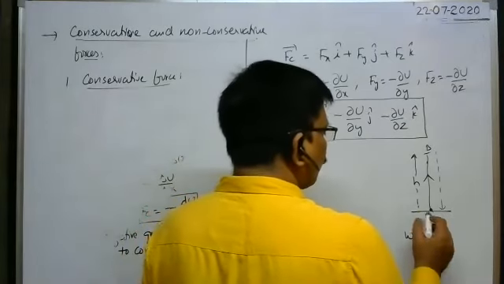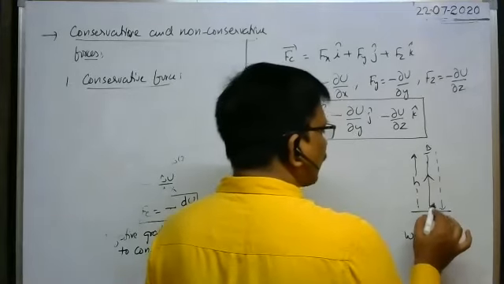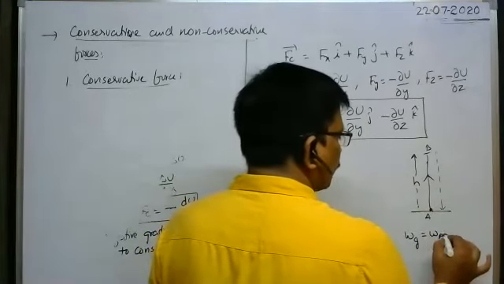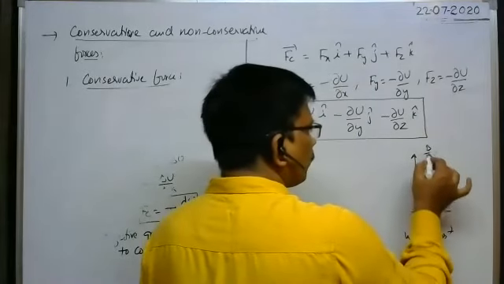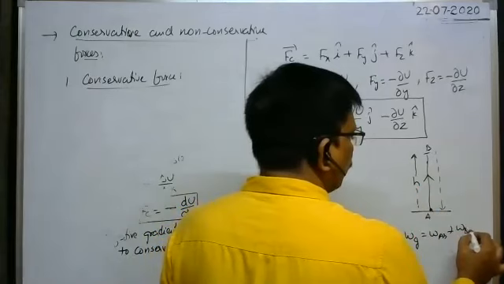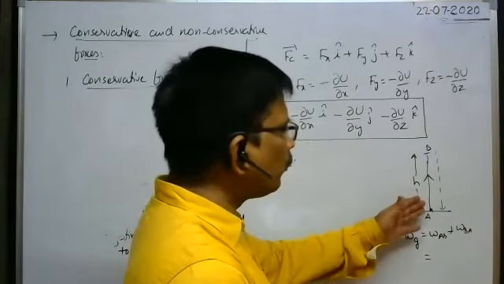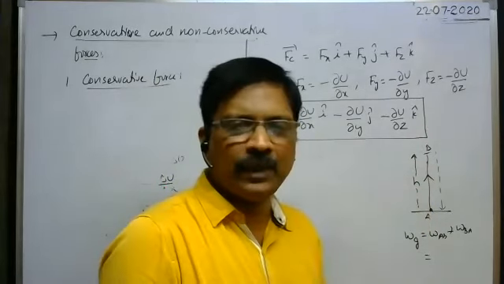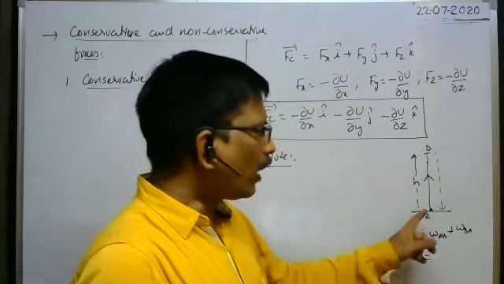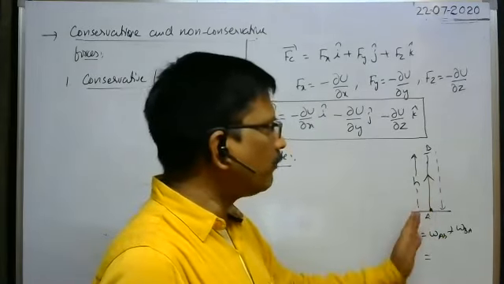Work done by the gravitational force on a body is equal to the work done in travel from A to B, that is WAB, plus the work done to travel from B to A, that is WBA. Now tell me, what is the work done by the gravitational force on a body to travel from A to B through a height h, along the vertically upward direction?